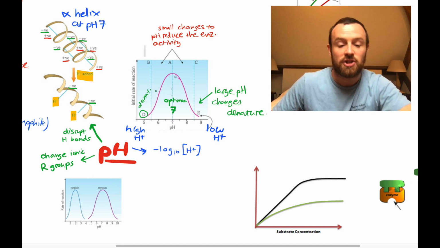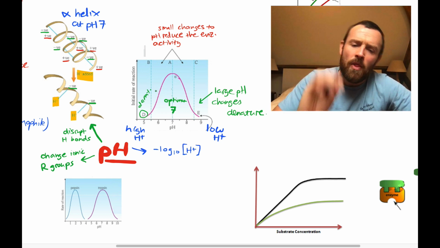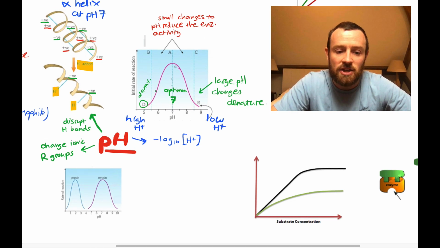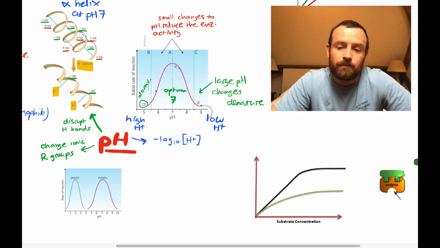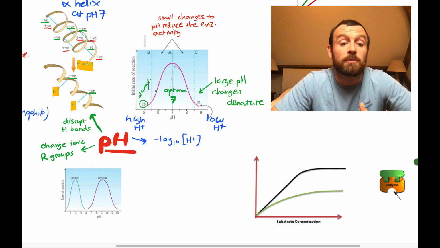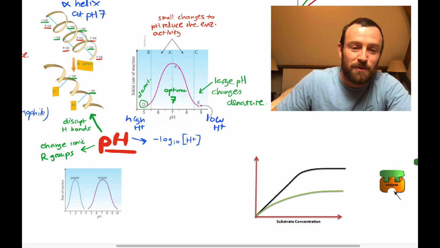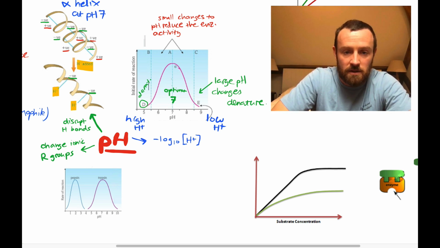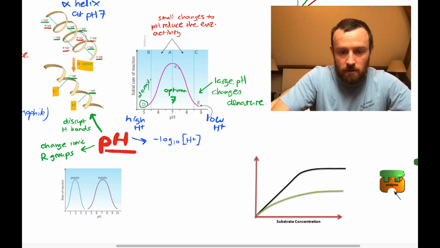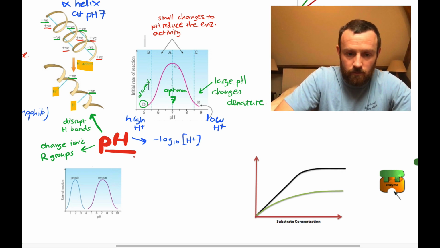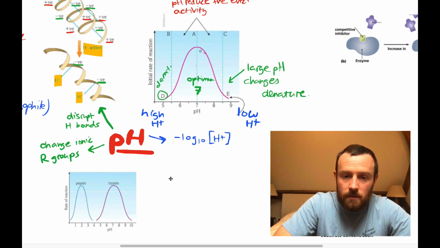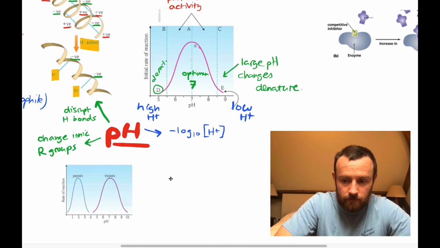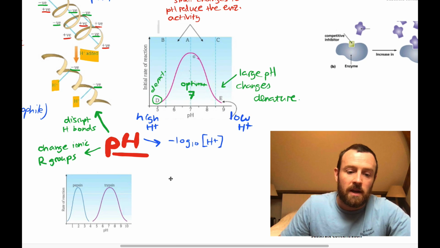So I'll just write denature there as well. Now, one thing worth remembering about pH changes is that enzymes and also proteins, because enzymes are proteins, can have different pH optima, which is the plural of optimum. So if we zoom in a teeny bit and look down here, here are two different enzymes.